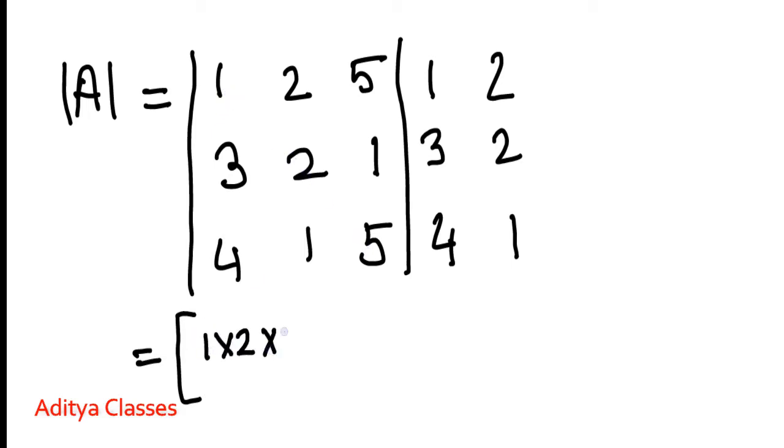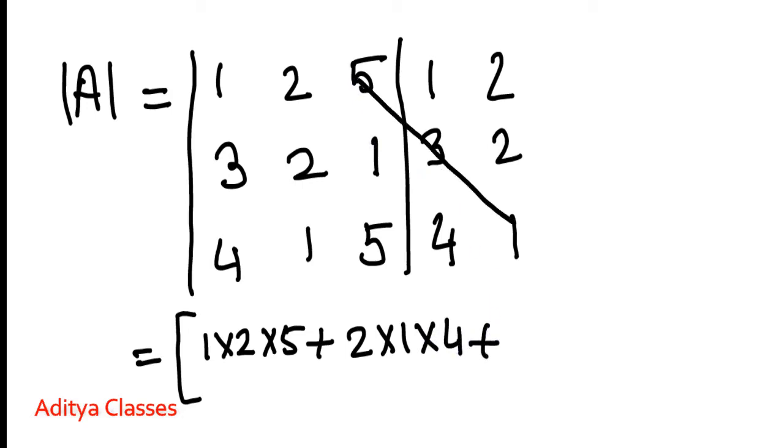This is equal to, let me open a big bracket, where I'll be multiplying 1 multiplied by 2 multiplied by 5. Plus the second diagonal, that is 2 multiplied by 1 multiplied by 4.